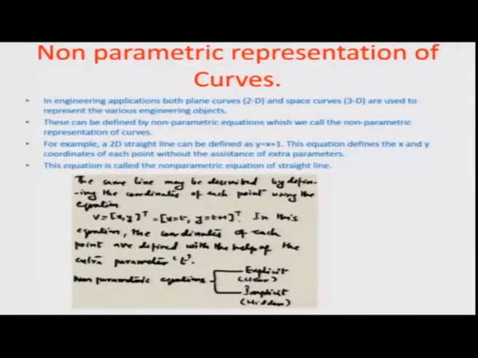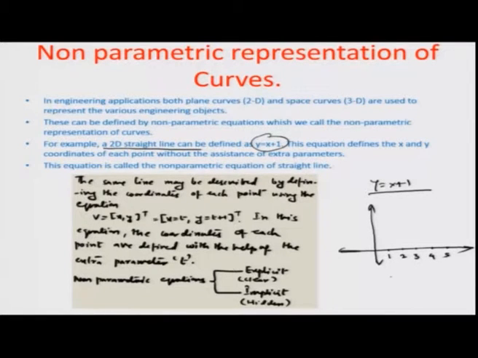So, let us talk about non-parametric representation to begin with. If you, for example, have a 2D straight line, it can be defined by a simple equation, y is equal to x plus 1. If I wanted to plot the set of coordinates x, y which would follow this line, I would plot it by increasing one unit along the y direction for whatever the x coordinate is. For example, with x equal to 1, y would be equal to 2, x equal to 2, y would be equal to 3, and so on and so forth.